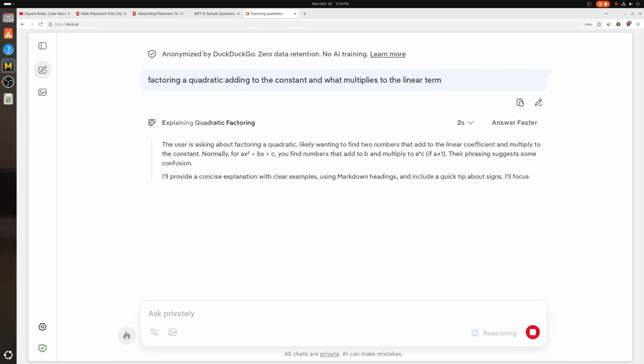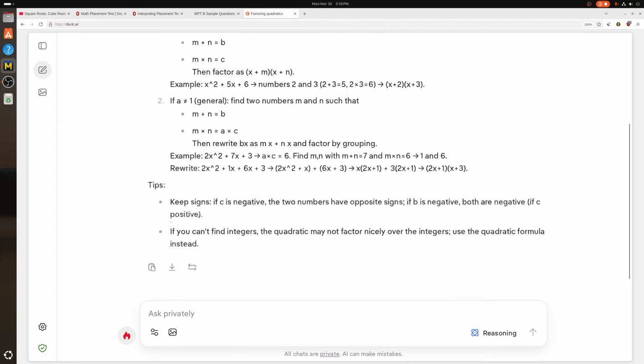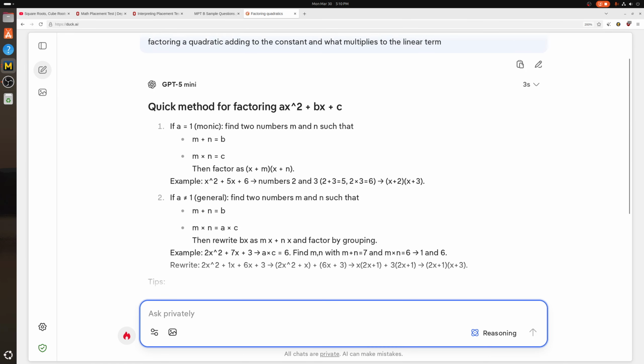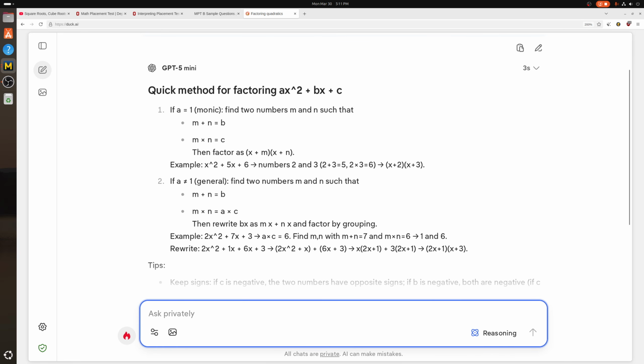It's gonna do the easiest thing ever, man. What are you doing? What are you doing? You're just foiling. What? Numbers 2 and 3.